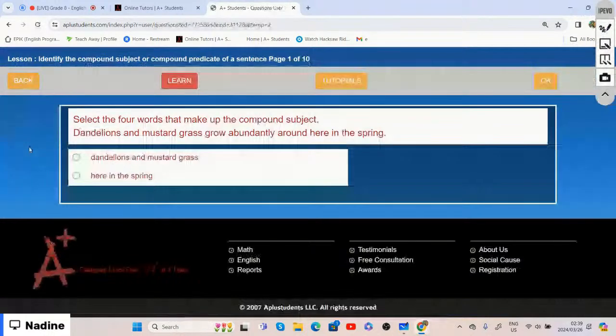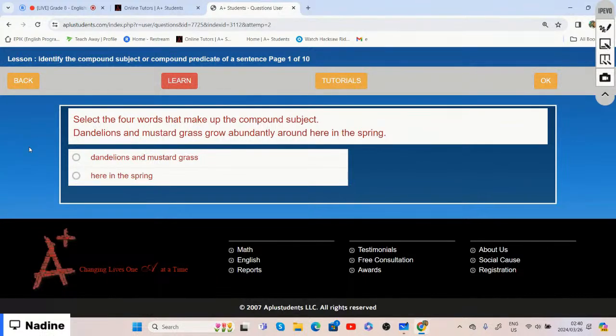It says we need to select the 4 words that make up the compound subject. What are the 4 words that make up the compound subject? It says dandelions and mustard grass grow abundantly around here in the spring.